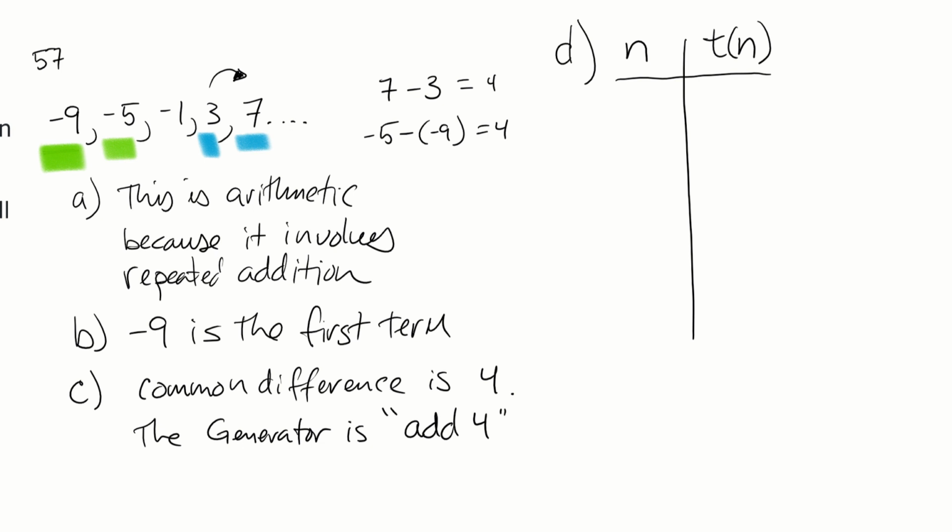A sequence always starts with 1: the first term, the second term, the third term, the fourth term, the fifth term. These are the term numbers, the order in which the values appear. The values are just the numbers in the sequence: the first term is -9, then -5, -1, 3, and the fifth term is 7.